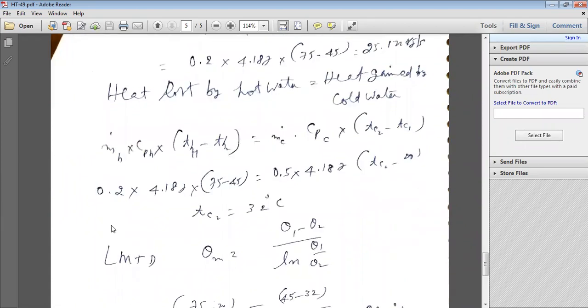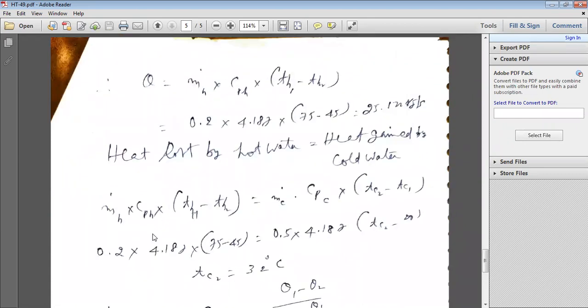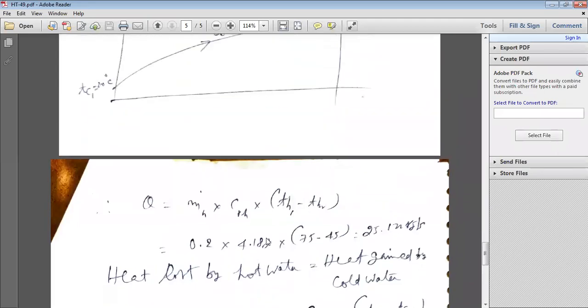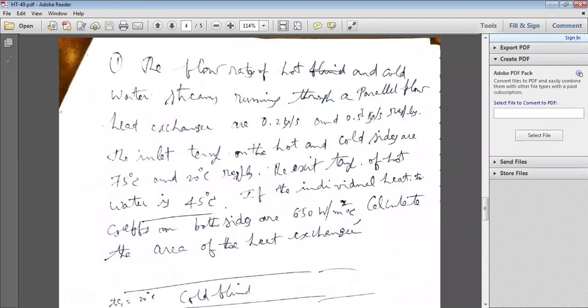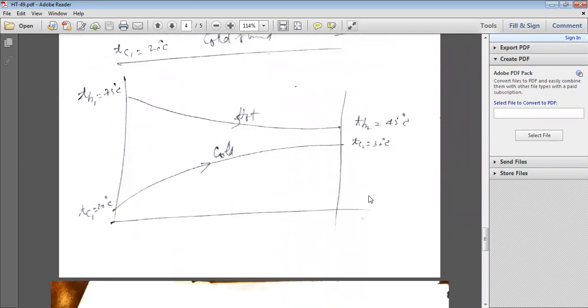So m dot h is given as 0.2, Cph is given as 4.187 kilojoules per kg Kelvin, into Th1 75 given in the problem, Th2 given as 45. That is equal to, but the mass flow rate of cold water is also given, 0.5 kg per second.